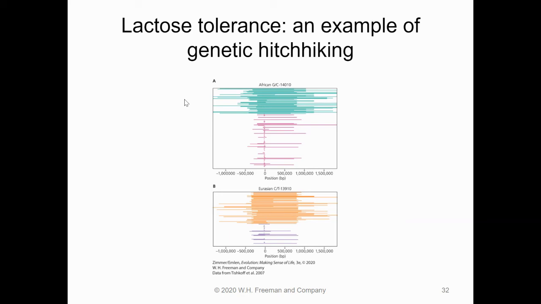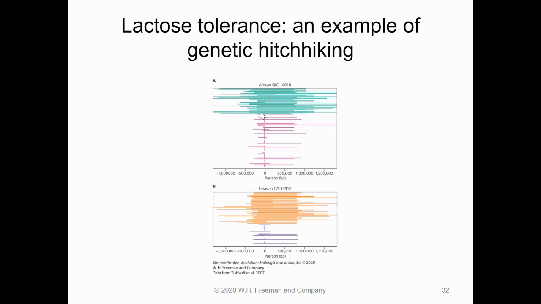When we look at these regions of the world, Africa and Europe, and at individuals who still produce the lactase enzyme after childhood, we see there's this mutation, a G to a C, at 14014 in a particular gene.